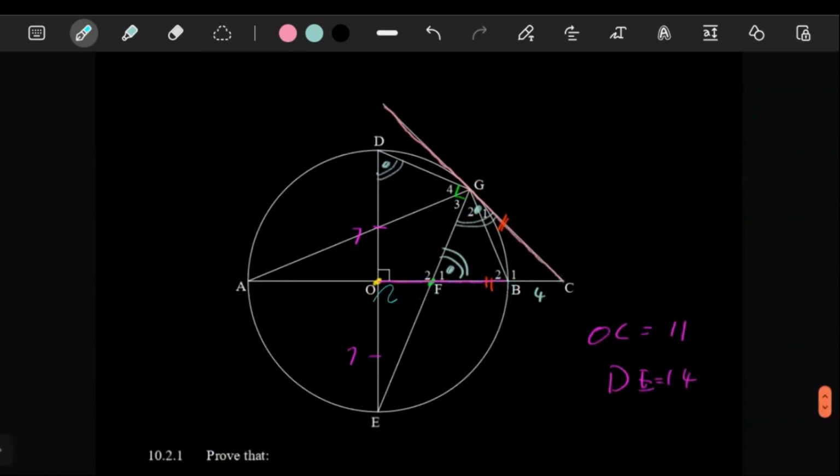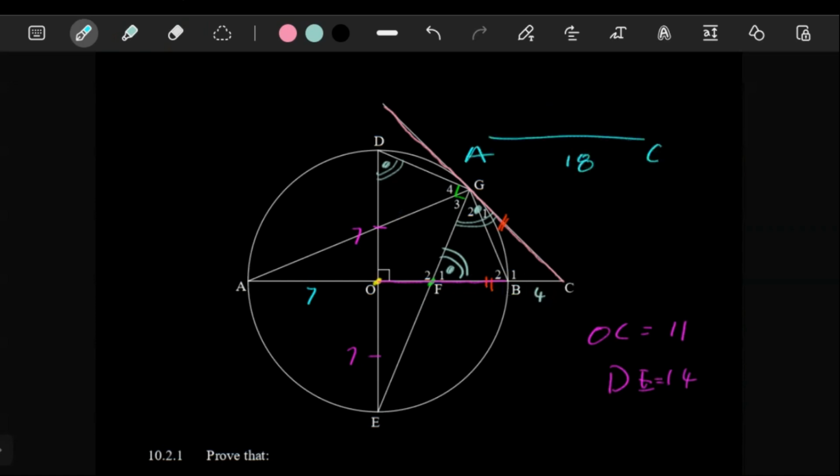We have this one, which is 11, and this one, which is 7, and then this tiny one, which is a 4. So we have the 4, the 7, and the whole thing is 11. That means this whole line here is 18.